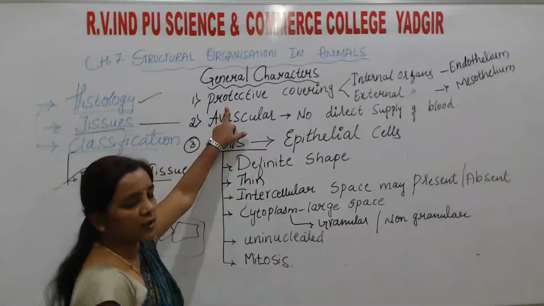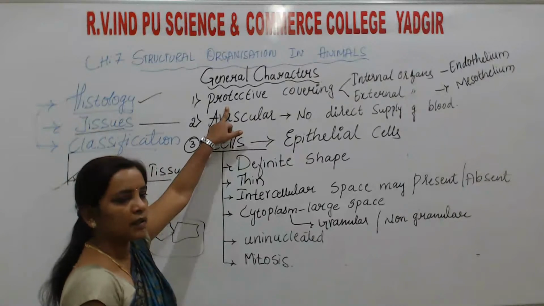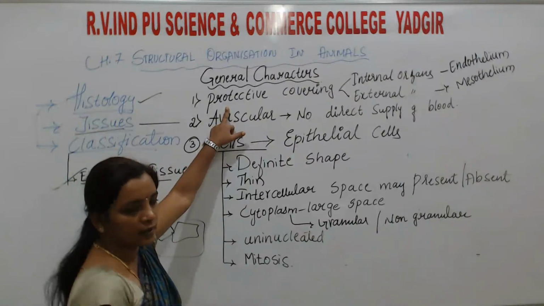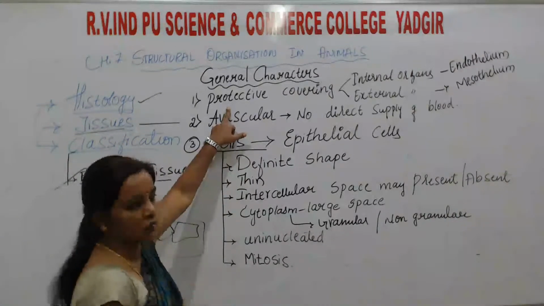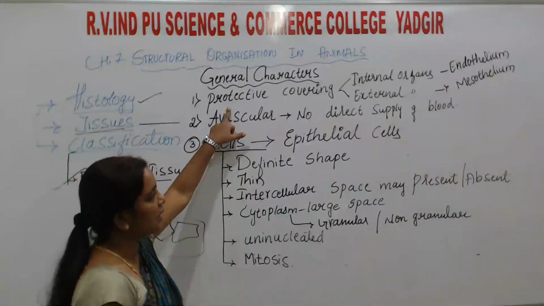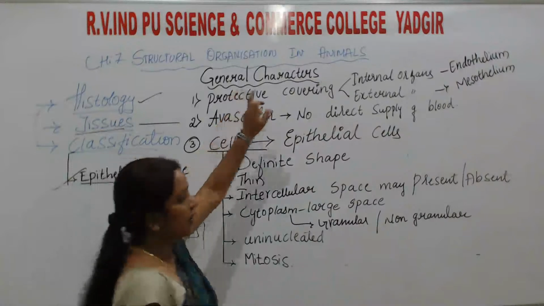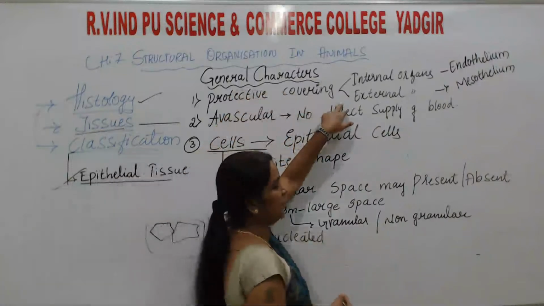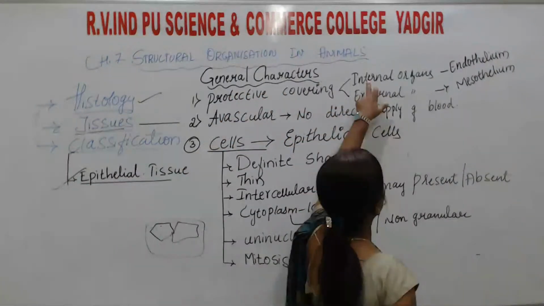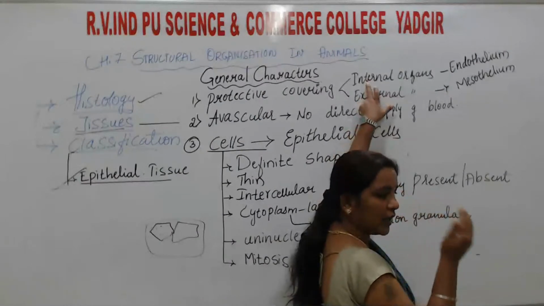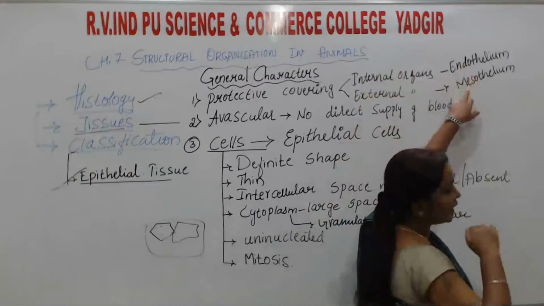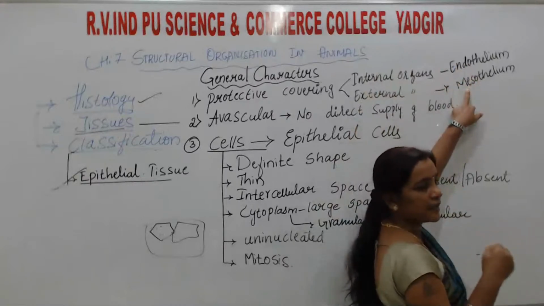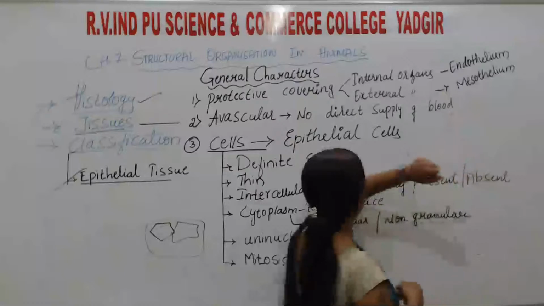They are protecting; epithelial tissue is nothing but a protective layer, for internal organs and also external organs. The body is covered by epithelial tissue, and organs are also lined and covered. The lining inside is called endothelium, and the middle layer, occupying the serous membrane, is mesothelium.